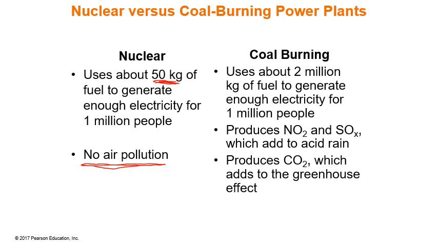If we compare that to coal burning power plants, it takes about 2 million kilograms of fuel to produce the same amount of electricity. And we produce NOx and SOx, nitrogen dioxide and sulfur oxide containing compounds, which when they react with the water in the atmosphere, produce nitric acid and sulfuric acid, decreasing the pH of the water and producing acid rain.